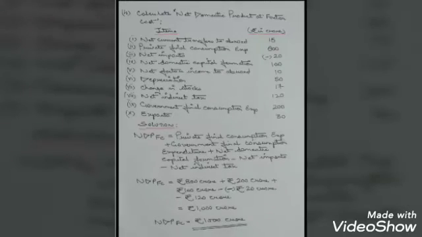So NDP at factor cost equals rupees 800 crore as your private final consumption expenditure plus rupees 200 crore as your government final consumption expenditure plus rupees 100 crore as net domestic capital formation. Now over here it is minus net imports. Now children, the value of net imports is minus 20 and already we are deducting the net imports, so minus minus converts into plus, you know.